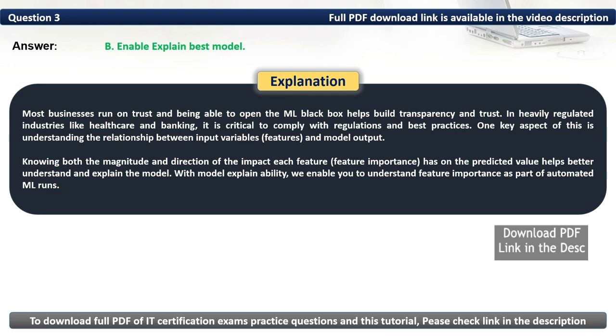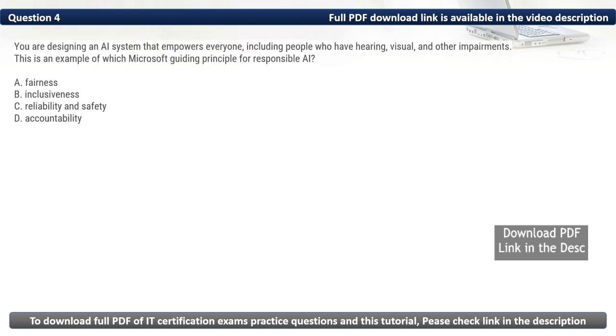Knowing both the magnitude and direction of the impact each feature has on the predicted value helps better understand and explain the model. With model explainability, we enable you to understand feature importance as part of automated ML runs.